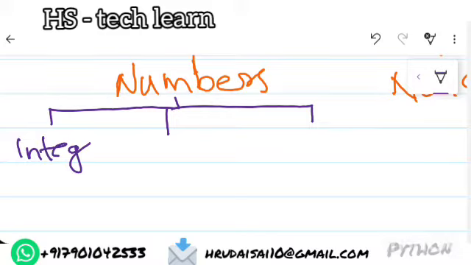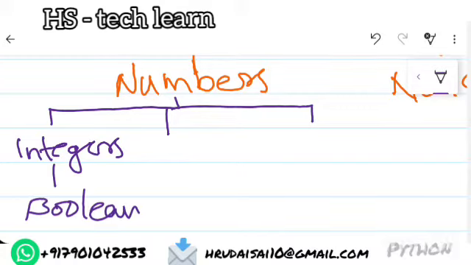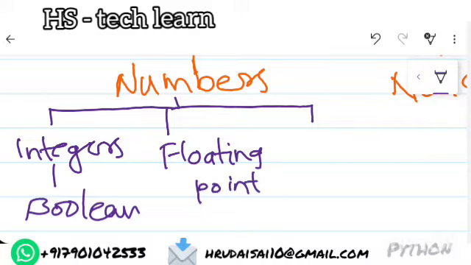Integers. Integers, in this we are having Boolean numbers also included. Floating numbers or floating point numbers and complex numbers.